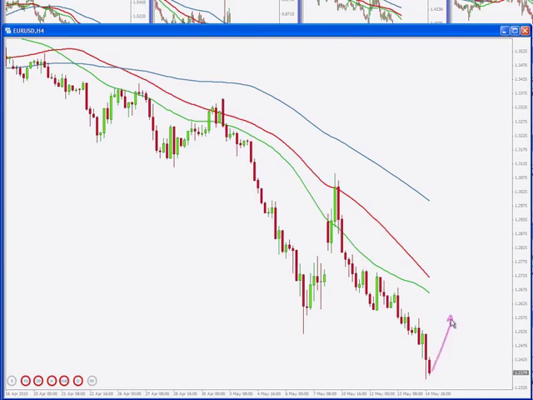Still, we will need to wait for a pullback for the moving averages to catch up with price, and from there that's what we would search for short opportunities. If we were to enter short at this point, we would be simply too far away from the moving averages, and that's not an efficient point to enter the market.